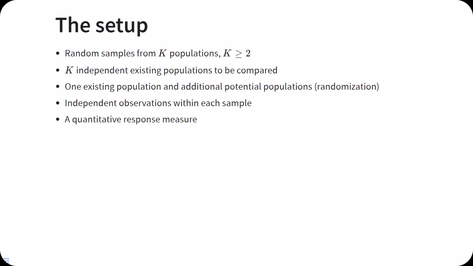That is, we could have K independent existing populations and we draw a sample from each for comparison purposes, or we might draw one sample from one existing population and then create from that multiple samples through randomization, with each sample representing a potential population, with the exception of the control group, which would represent not the potential but the existing population. We make independent observations within each sample, and we have a quantitative response measure.